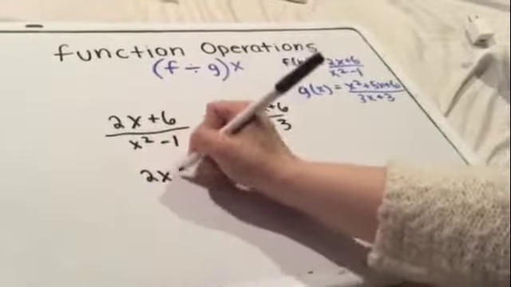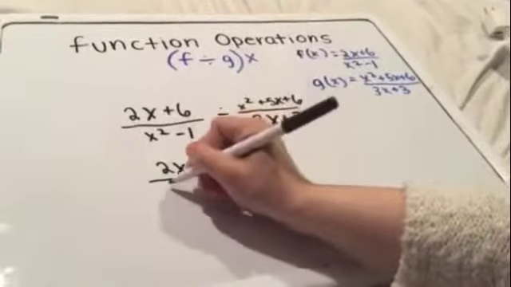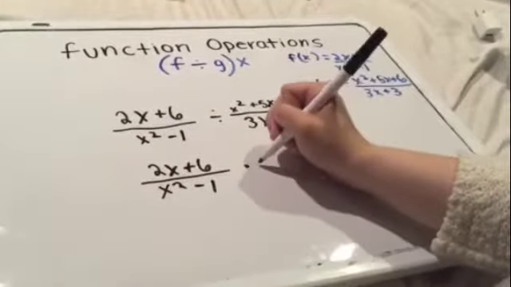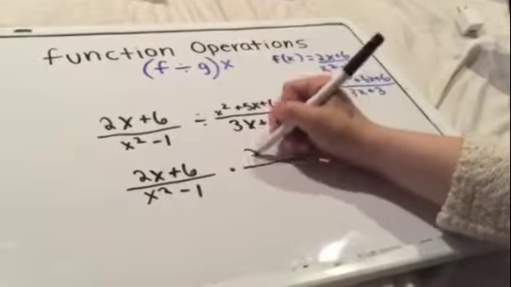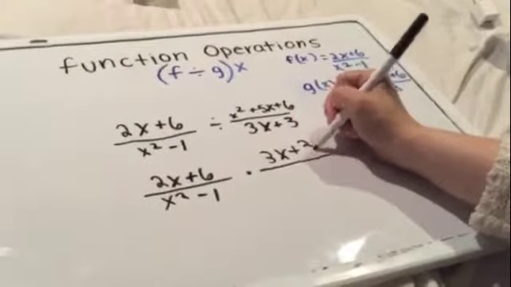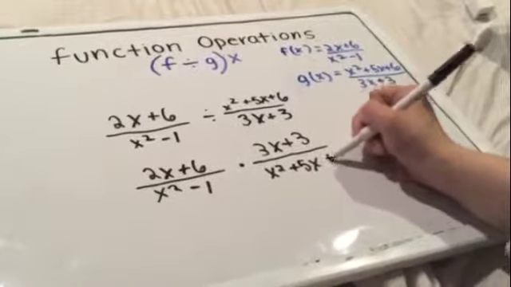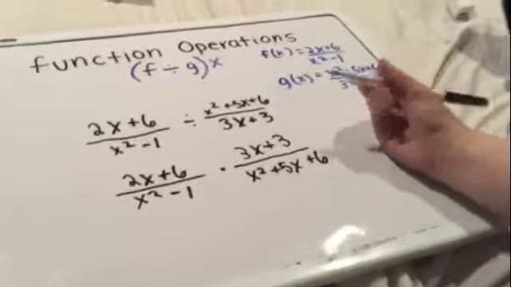So here's what you're going to do. Keep the numerator the same, 2x plus 6 over x squared minus 1. And now you're going to multiply because you're flipping the second half, 3x plus 3 over x squared plus 5x plus 6. Now we're going to factor.